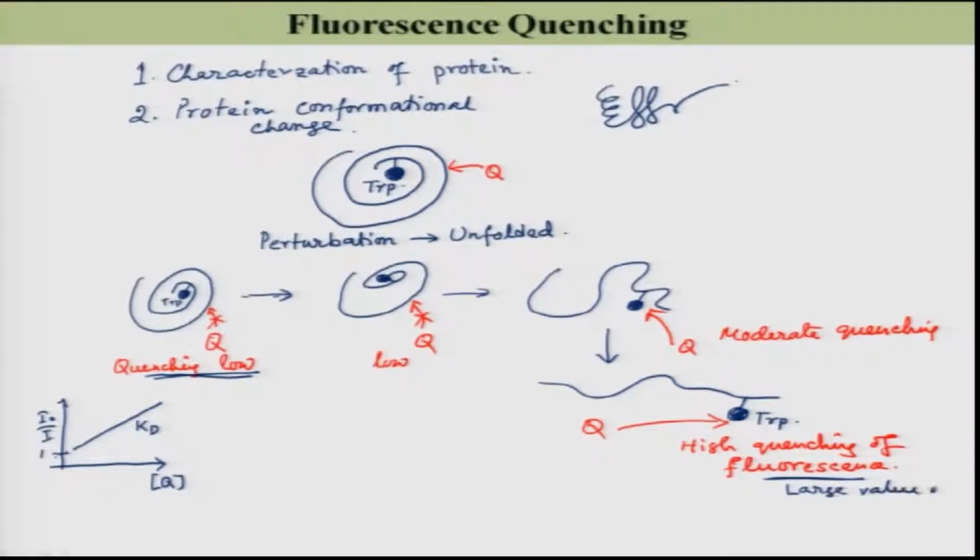value of Kd. So, now if I plot the observed Kd value as a function of this perturbation, if it is the temperature, then I can simply plot the measured Kd value as a function of temperature. So, here temperature is my perturbation, it could be other things also.